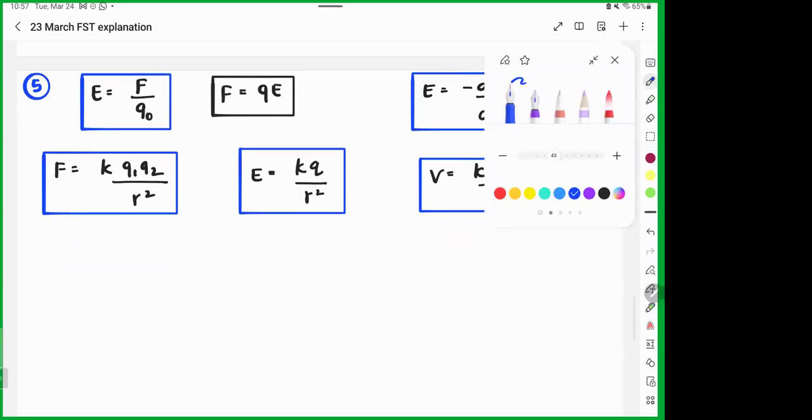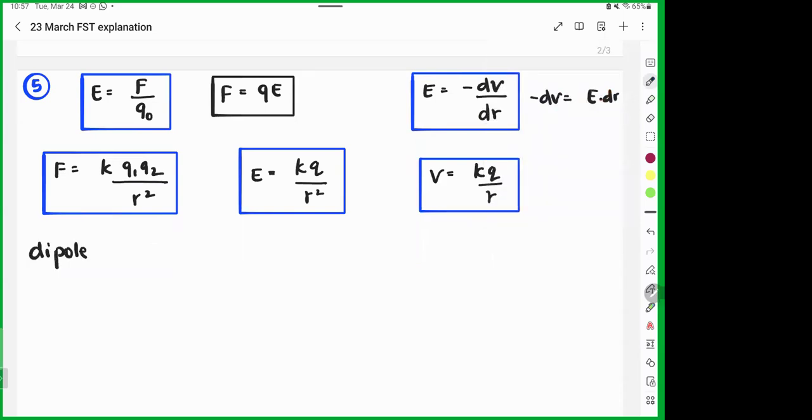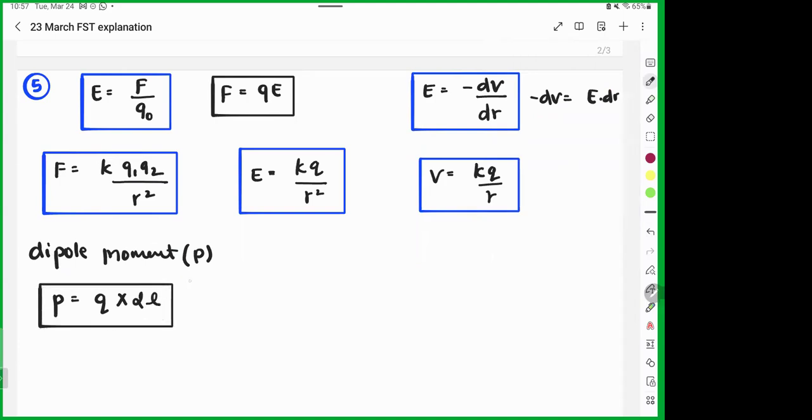Correct. Then for dipole moment, P is equal to charge into length, correct? Which is a vector quantity, from positive to negative. No, sorry, negative to positive. Negative to positive. Any doubt?